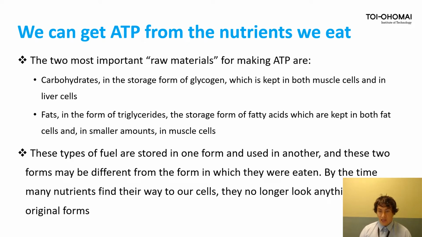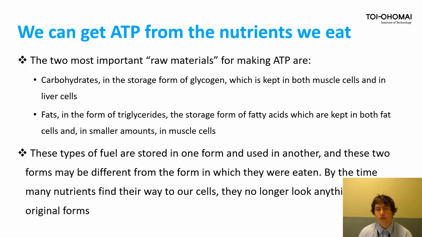Fats, as a stored form, and also as the most common form of fat that we eat, are triglycerides. You might remember that tri means three, so we've got three fatty acids, which I think of as my fingers, and then this glycerol structure that holds those three fatty acids together. That's how a triglyceride is stored.